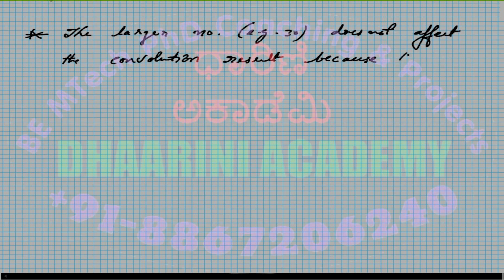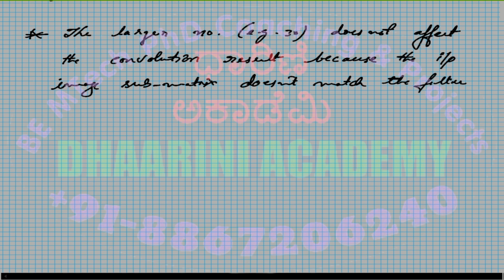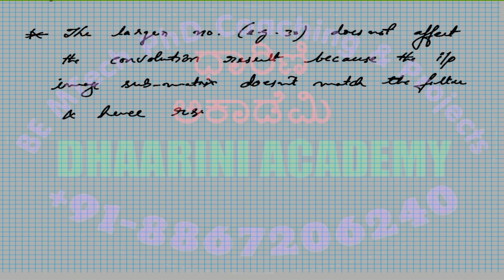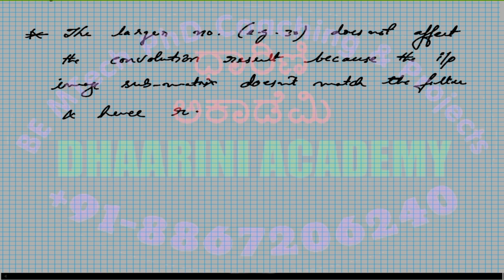The input image submatrix does not match the filter, and hence it resulted in just 4 as the answer.